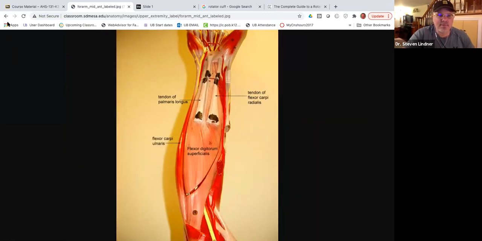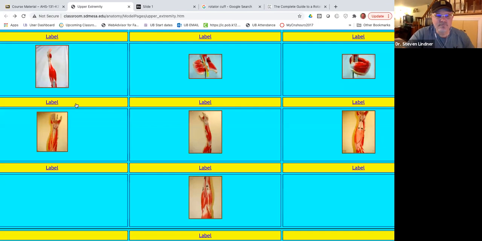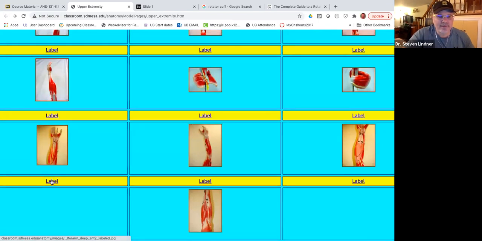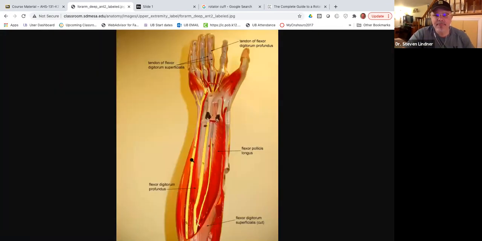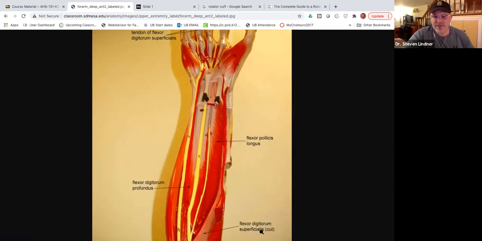Okay, now let's go back to this one again. So now we cut the flexor digitorum superficialis. We cut that muscle, which is superficial, and deep to that is another flexor muscle of the digits called the flexor digitorum profundus.